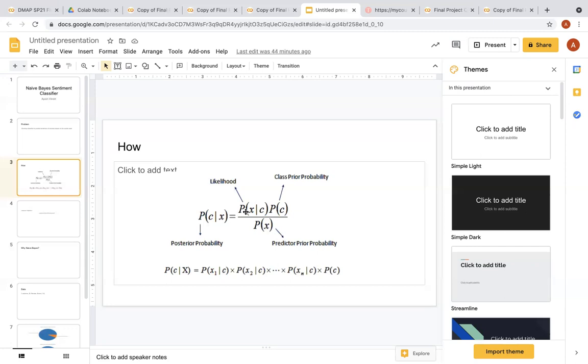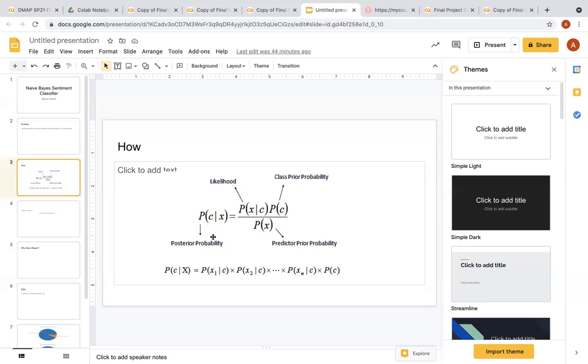Thanks to the assumption of conditional independence, we assume, using the bag of words model, that a review just consists of a bag of words, a bunch of words sitting almost independently of each other, and their relative position to one another doesn't matter.